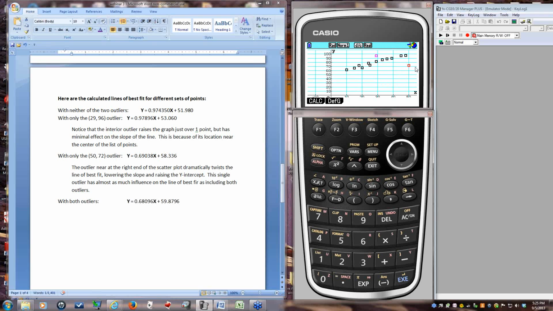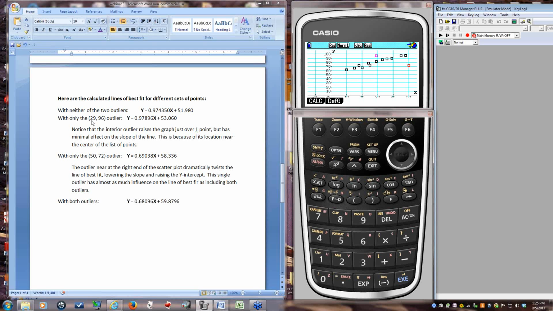That's 50 studied for 50 minutes, more than anybody else, but got a low C. The line of best fit that the calculator does really twists the line of best fit compared to the line with neither of them. The slope is much lower, and the y-intercept has jumped from 52 up to 58. So it really has an impact.